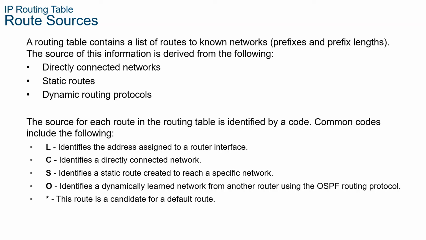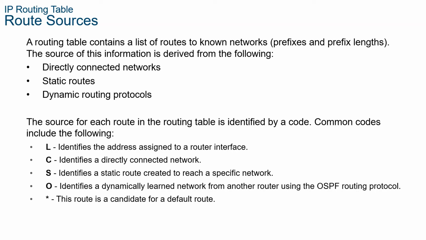So a routing table contains a list of routes to known networks. The source of this information is derived from the following. Again, we've covered already directly connected networks, static routes, and dynamic routing protocols. So these three are the sources of the information in the routing table.